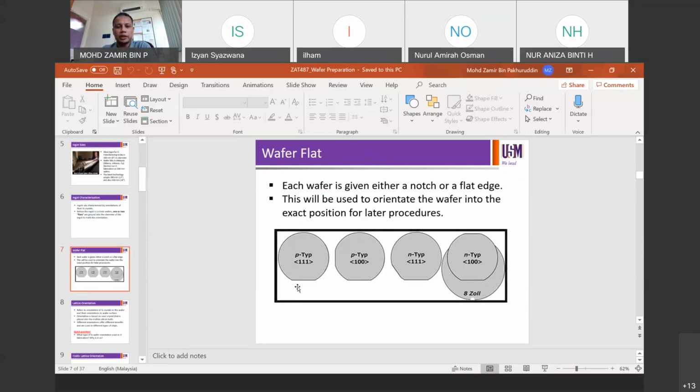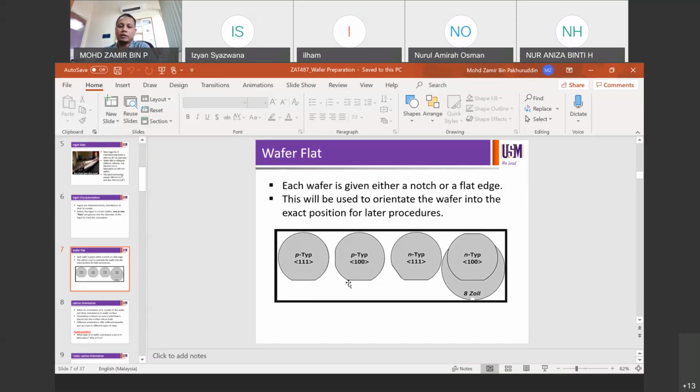So 111 typically looks like the leftmost, right? You grind there. And then 100 P-type is given two flats, two flats on the left and at the bottom. So to mark whether it's P-type 111 or P-type 100. So N-type 111, on the other hand, is given a diagonal 45 degrees and a bottom flat as well.